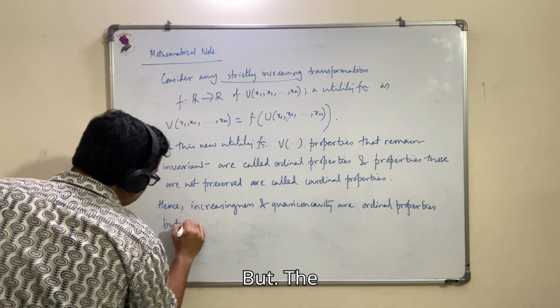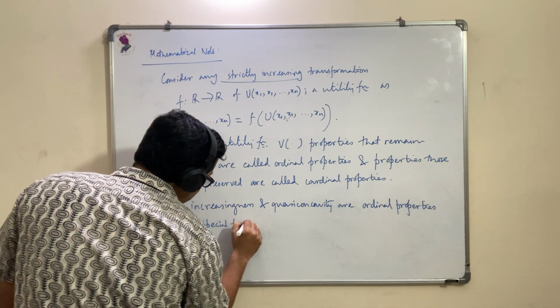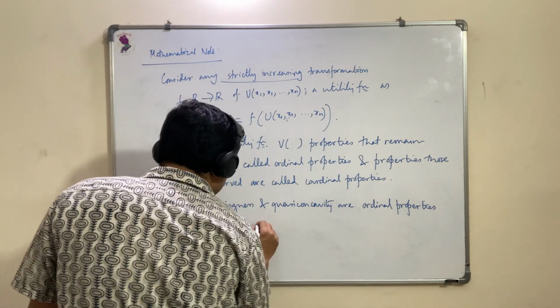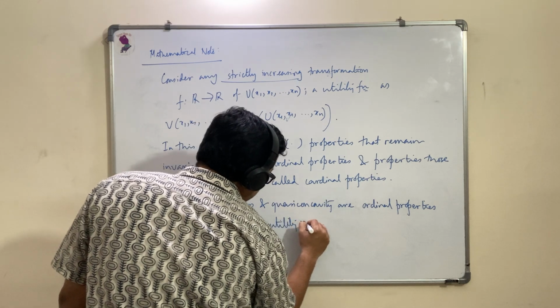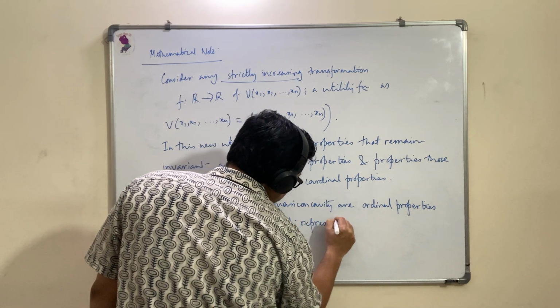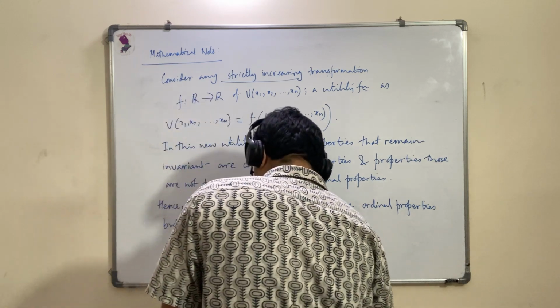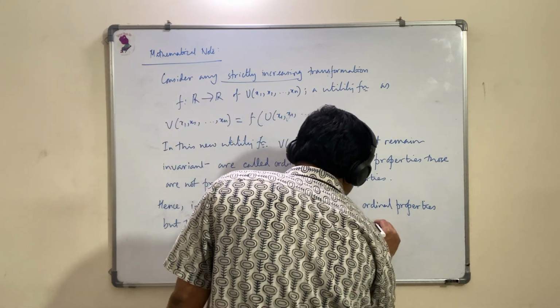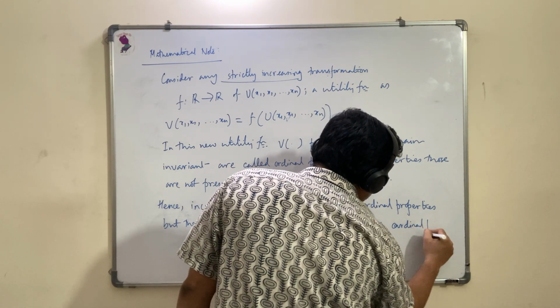But the special form of utility representation are cardinal properties.